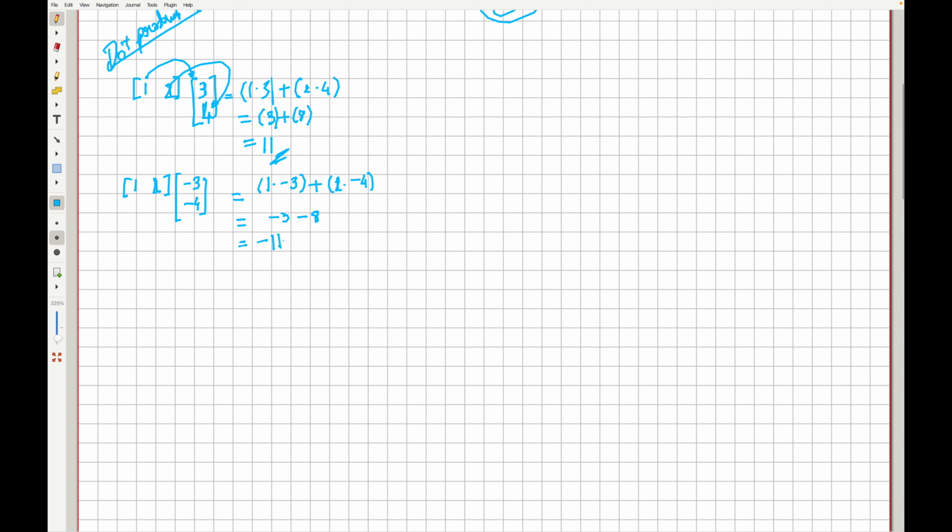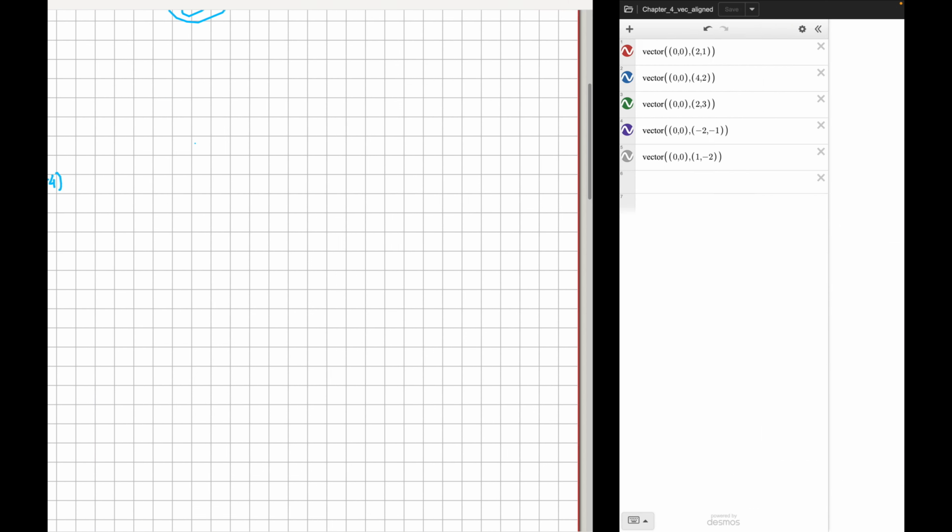If we plot these points, both vectors are of the same size, but look what happened here. We get a negative sign. What that negative sign tells us is that the vector -3 -4 is not in the same direction as 1 2, but 3 4 was in the same direction as 1 2.